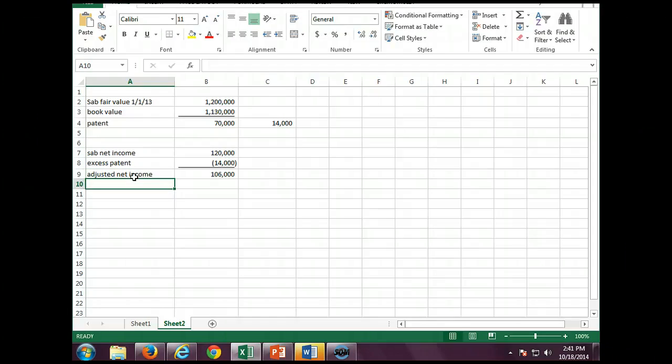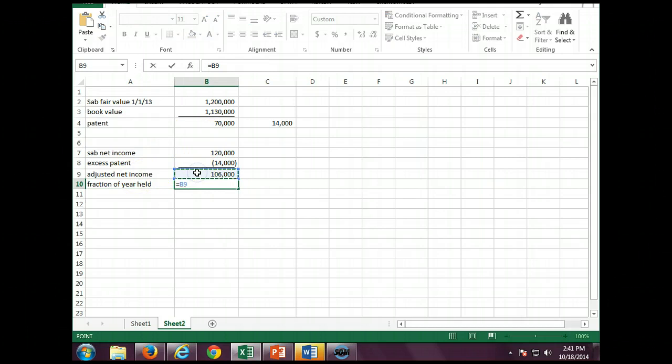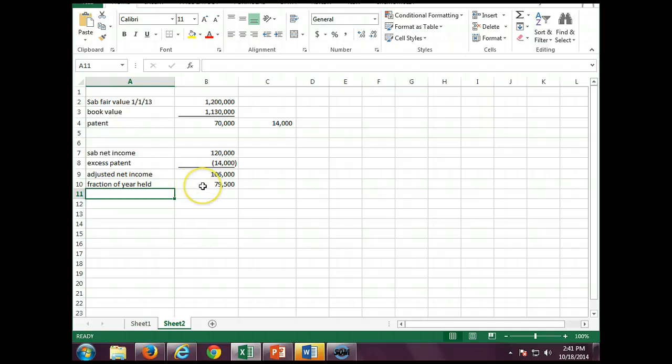Now, we sold it in October, so if we're assuming this was earned ratably throughout the whole time, 3/4 of this, the fraction of the year held, would be this times 75%, or 79,500, was the amount that was made on the subsidiary up until October 1st.